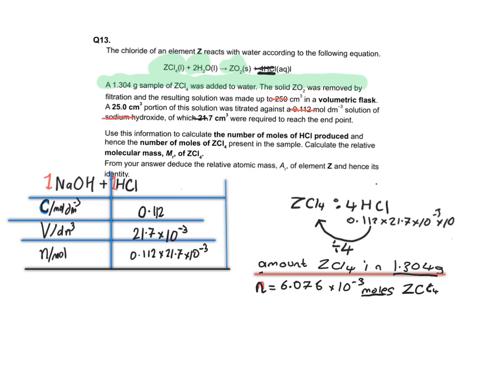So now we found our amount, or moles, of our ZCl4, and we also know the mass, and therefore we can now find out the MR of the ZCl4, because you know that MR is equal to the mass divided by the amount. The answer is going to come out in grams per mole. Why?